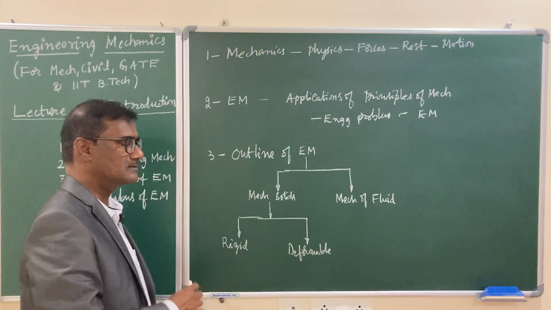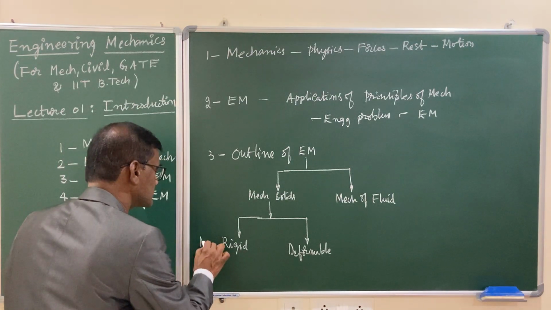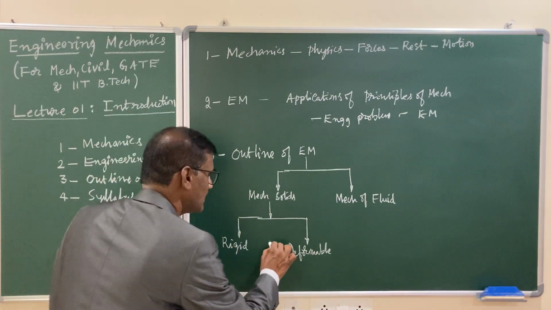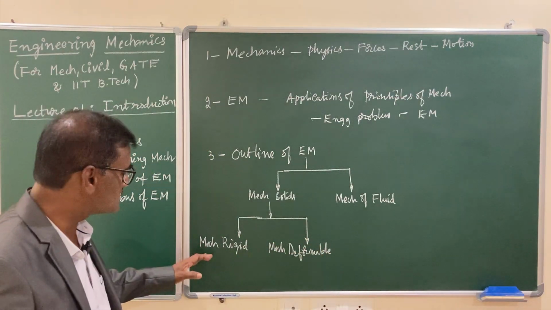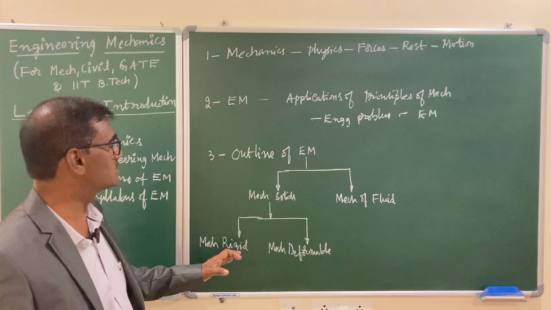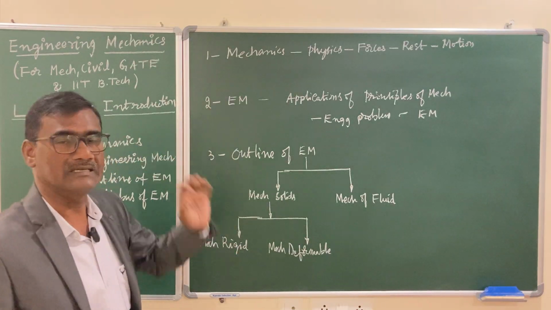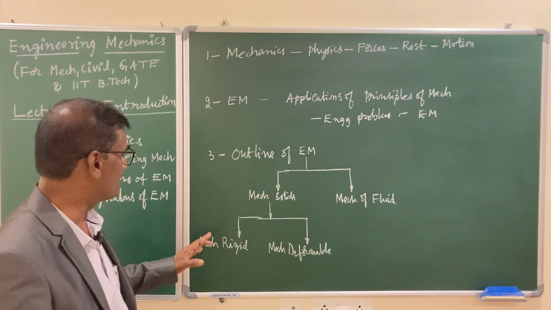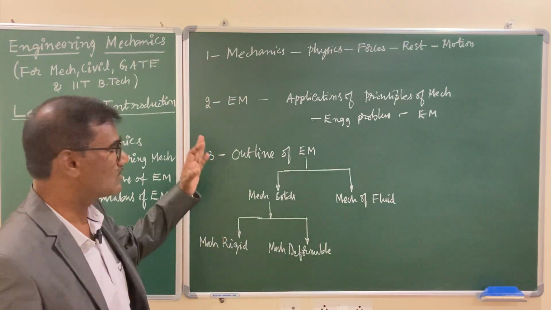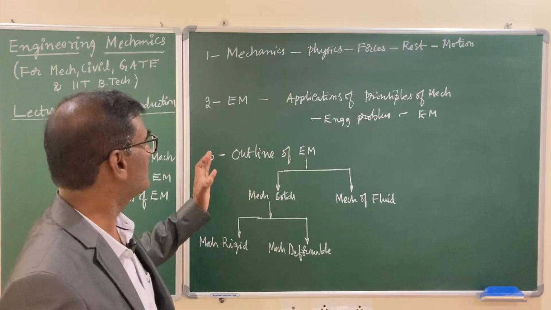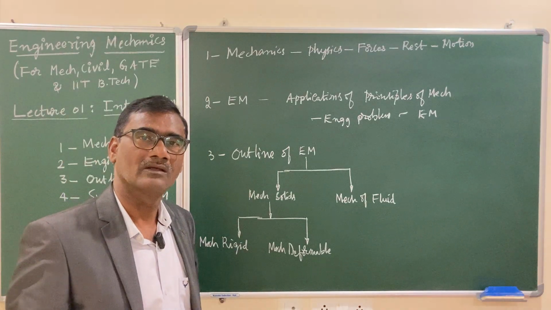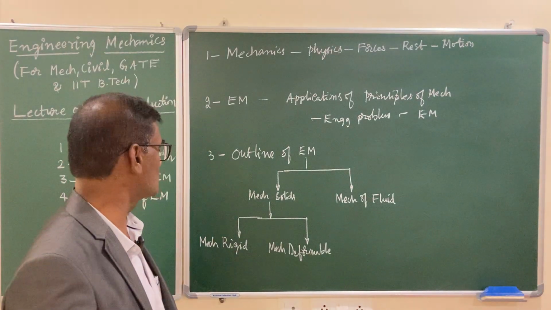So mechanics of rigid bodies, and mechanics of deformable bodies. Mechanics of rigid bodies is also known as engineering mechanics. It is also called applied mechanics, and it is even called classical mechanics.